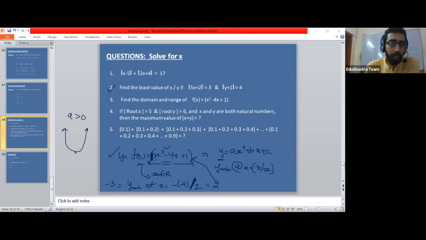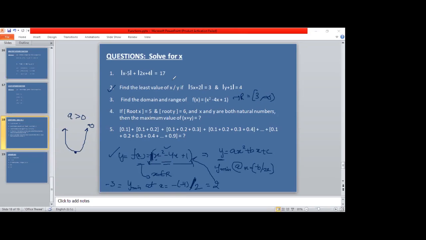And thus you have a minima, but you don't have a maxima. The maxima is infinity. They'll just keep on going. So the range of this function is minus 3, inclusive of minus 3, to infinity. I hope this is clear, Rahul. Yeah, it's clear. Thanks.